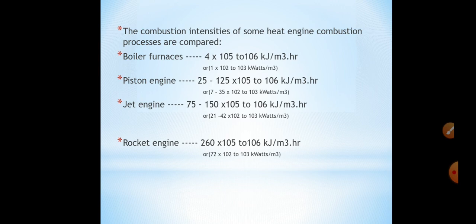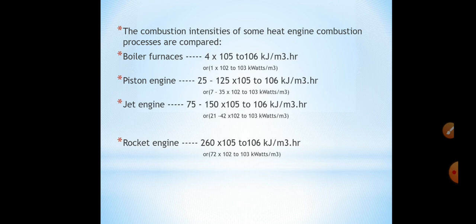The combustion intensities of some heat engine combustion processes are compared. A boiler furnace will give you 4 × 10^5 to 10^6 kilojoules per meter cube hour, or 1 × 10^2 to 10^3 kilowatts per meter cube. A piston engine will provide 25 to 125 × 10^5 to 10^6 kilojoules per meter cube per hour.